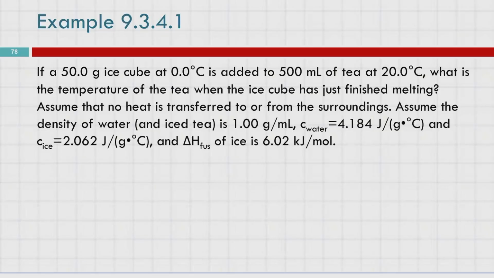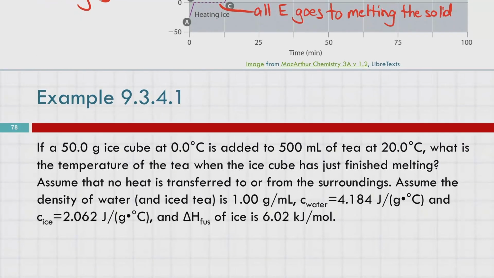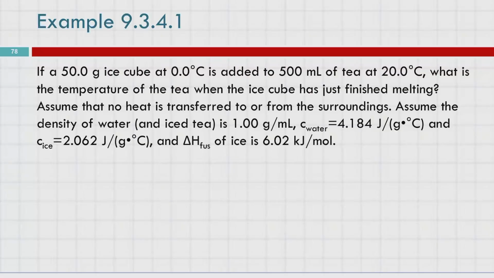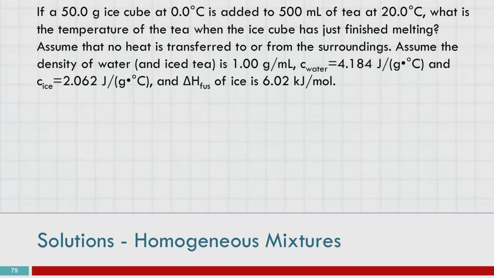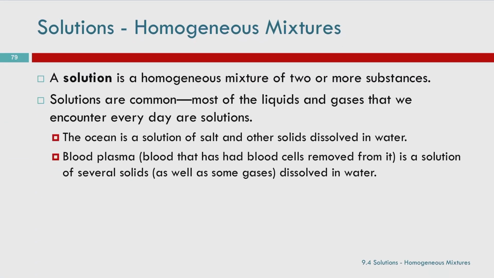The basic idea is we're working on, I think it's this transition from A to D, and you have to calculate the heat for each of those three lines separately and then add them together. So that's why this ends up being a really long problem. You can ask me about it in office hours or after lab if you'd like. Is there a chance it will be on the test? I don't remember if I put one of those on the test most of the time. It would be a fair question to ask.